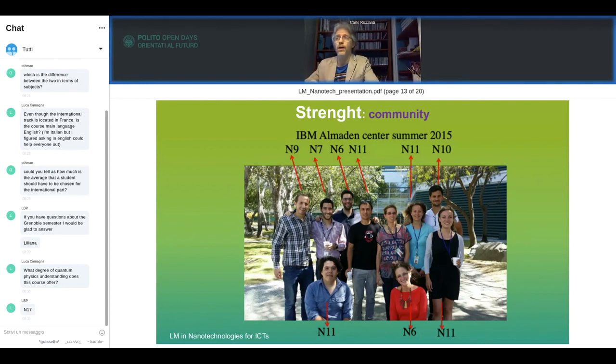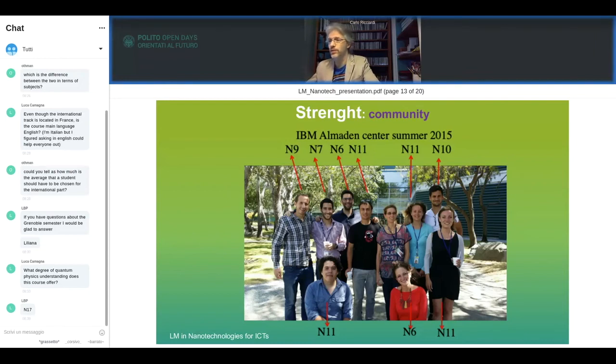So I would say that everybody working in ICT, in nanoelectronics, in nano ICT, let's say, knows this master program. It is running since several years, and as you can see in this very nice picture taken at IBM Almaden in 2015, there are different students from different years of nanotech.